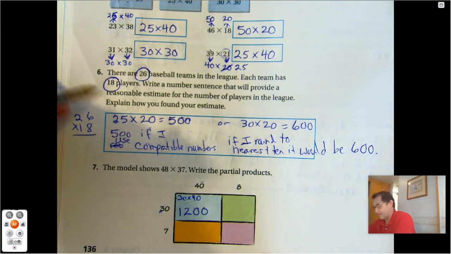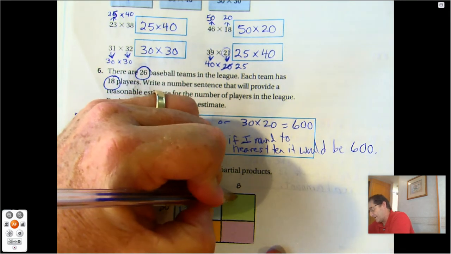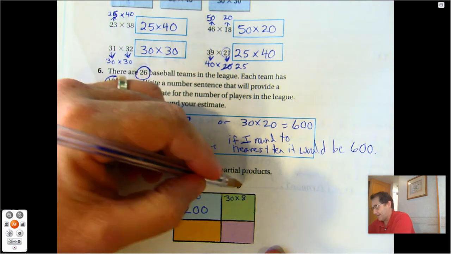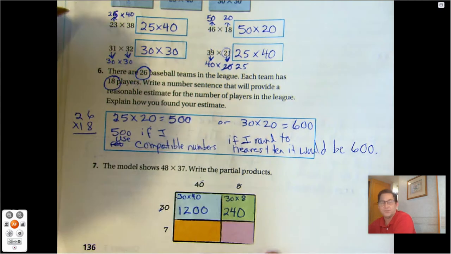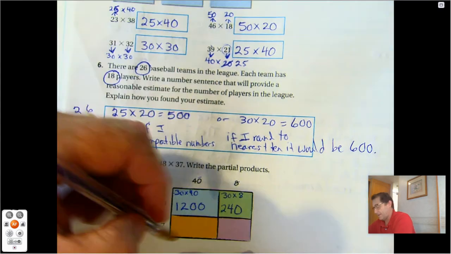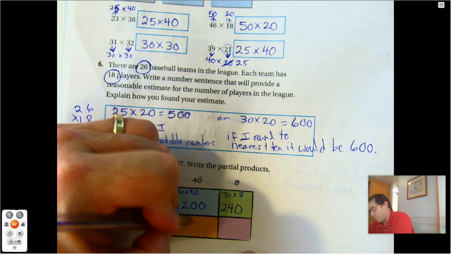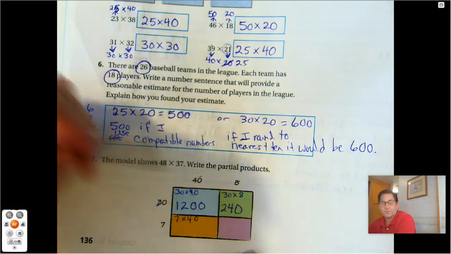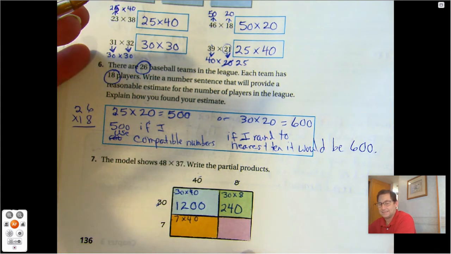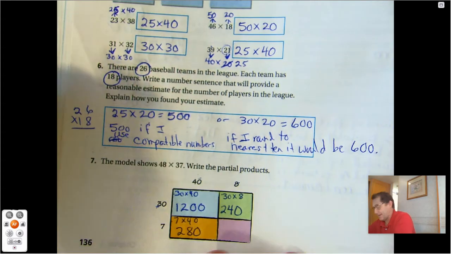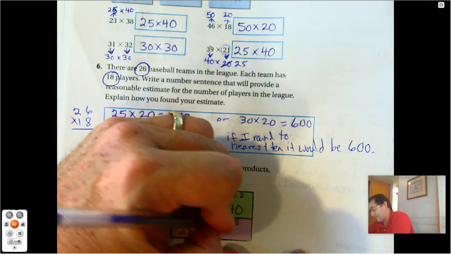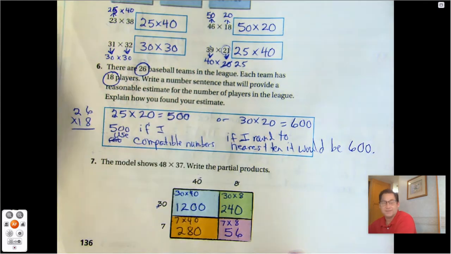Then this next box is 30 times 8. 8 times 3 tens is 24 tens, or 240. Then we have 7 times 40. And 7 times 4 tens is 28 tens, or 280. And last, we have 7 times 8, which is 56.